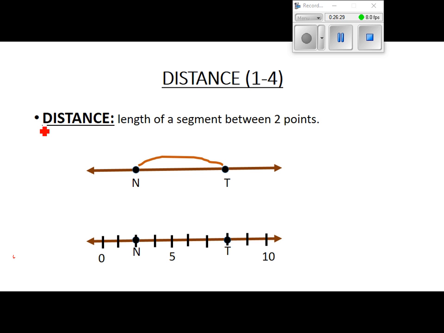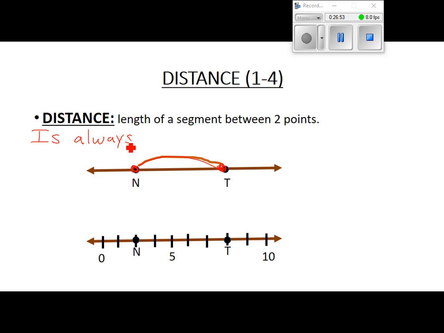So distance, length of a segment between any 2 points. If we're trying to find the distance from this point to that point, it's that length. That's what we're looking for. What's something you know about distance? You have to measure.